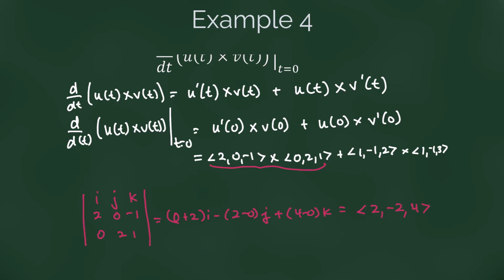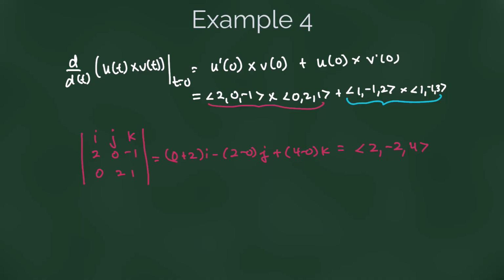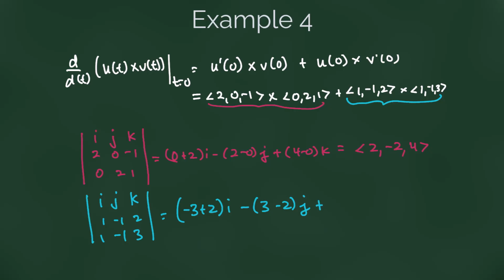And then we'll do our second one. So we have 1, negative 1, 2, and 1, negative 1, 3. And we're going to do negative 3 plus 2 i, minus 3 minus 2 j, plus negative 1 minus negative 1, so plus 1 times k.